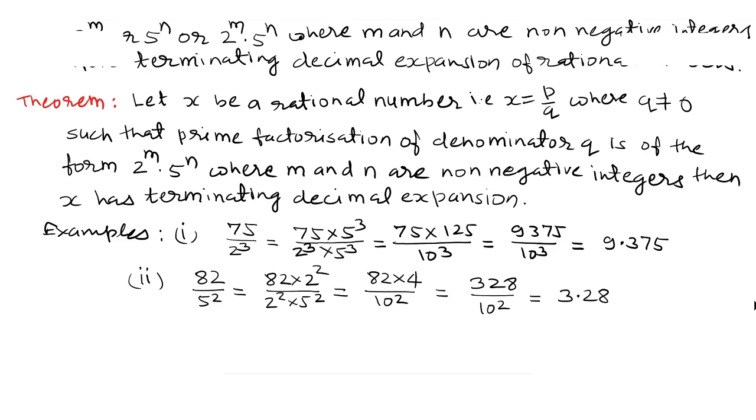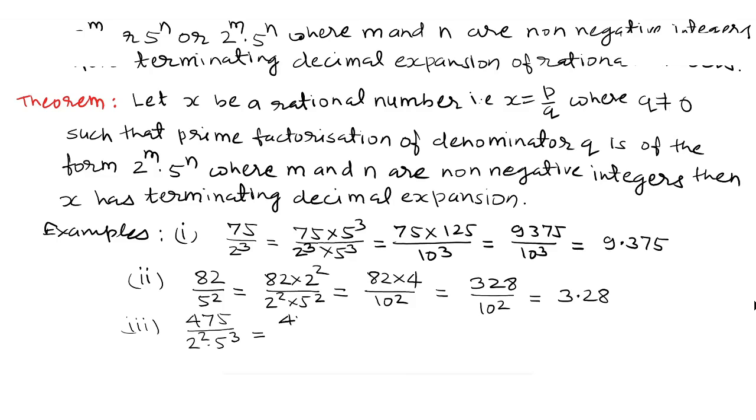We go to the third example, 475 upon 2 to the power 2 into 5 to the power 3. Now we have to make the denominator into 10 to the power 3. What we will do, we will multiply numerator and denominator by 2 to the power 1.